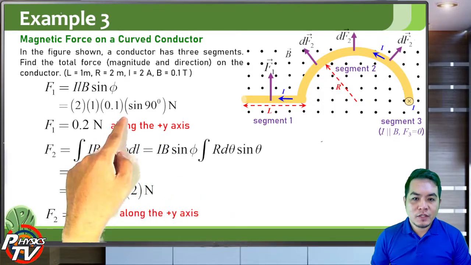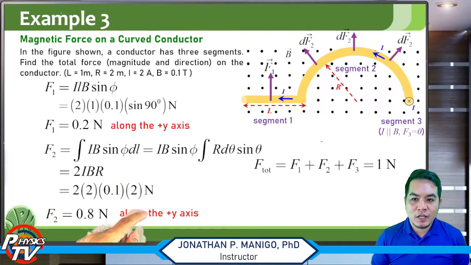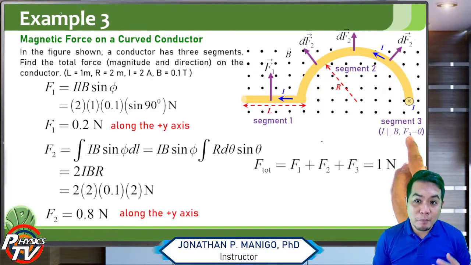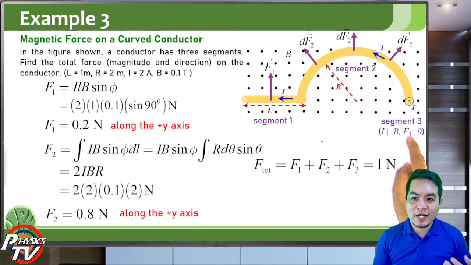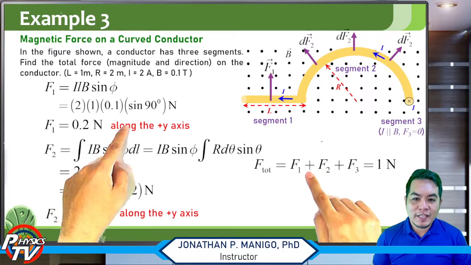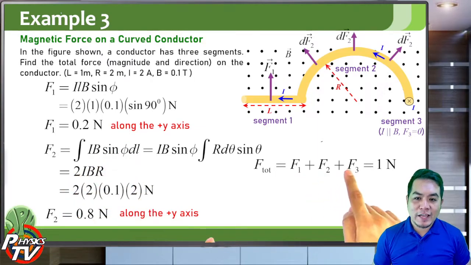The final force will now be the addition of these three. Since there's no force on segment number 3, it being exactly anti-parallel to the magnetic field, F1 is only a y component, F2 is only a y component, and F3 is 0.